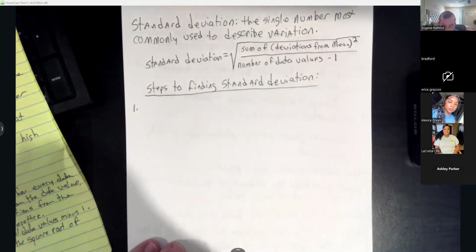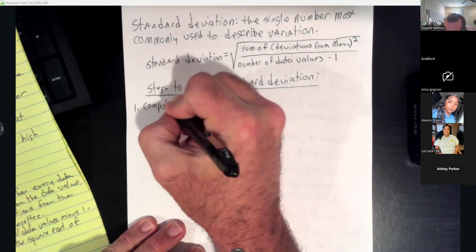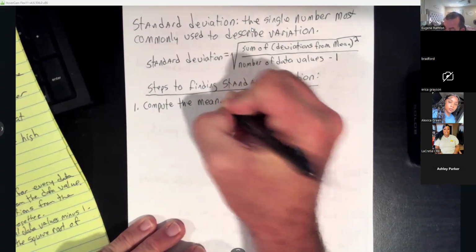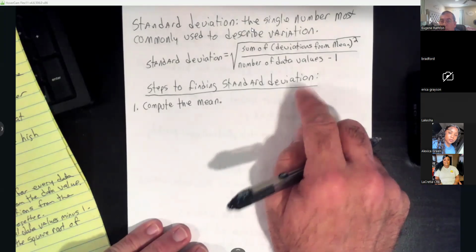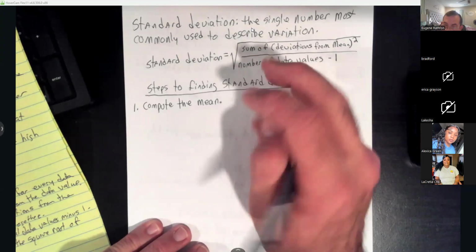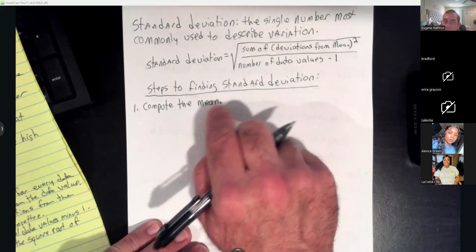All right, y'all, the first step, compute the mean. So remember, to compute the mean, I add all the data points and divide by the total number of data points. Okay? And we'll do that in our examples.